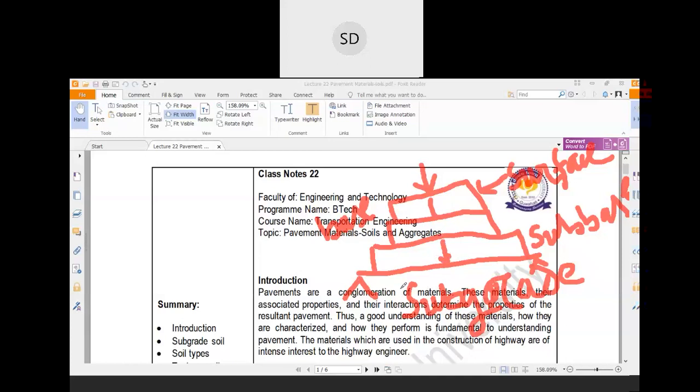Therefore, this subgrade layer is very important in retaining the integrity of a flexible pavement. And as the subgrade layer is made up of soil particles, we need to know about the different properties of the soil and the suitability of the soil as a subgrade material.